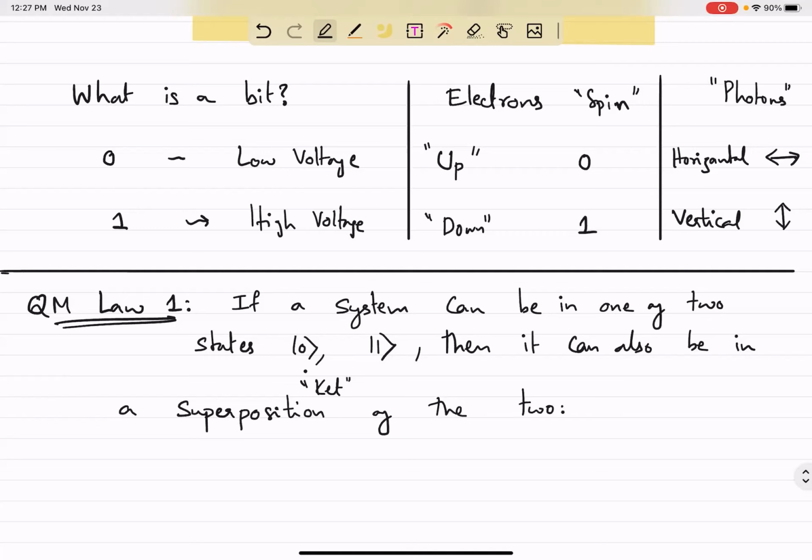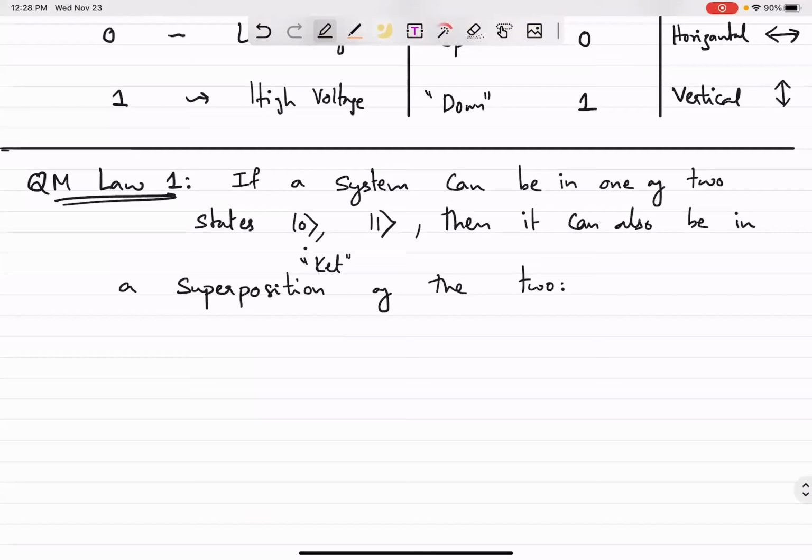The actual system doesn't necessarily have to be in just the 0 or just the 1 state. It can actually be in a superposition of the two, meaning something like this.